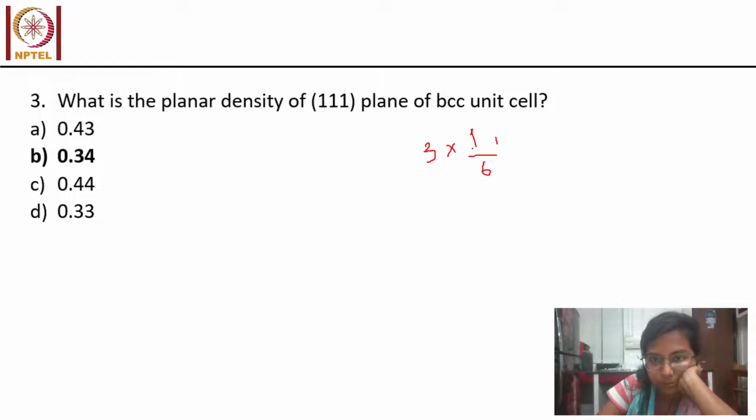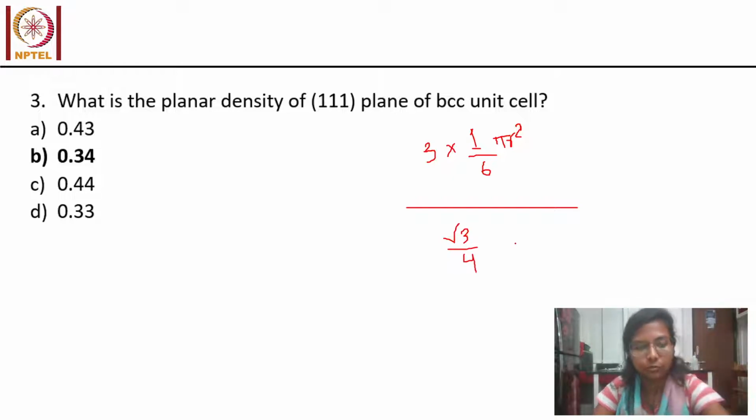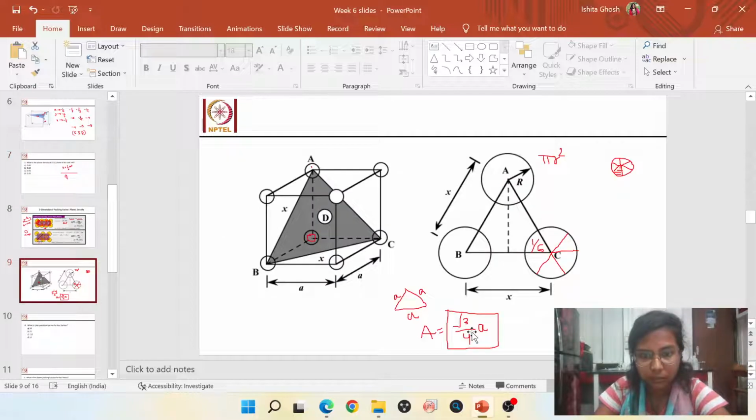This is 1 pi r square divided by root 3 by 4. What did I write? I hope you remember. So root 3 by 4 A, where A is what?